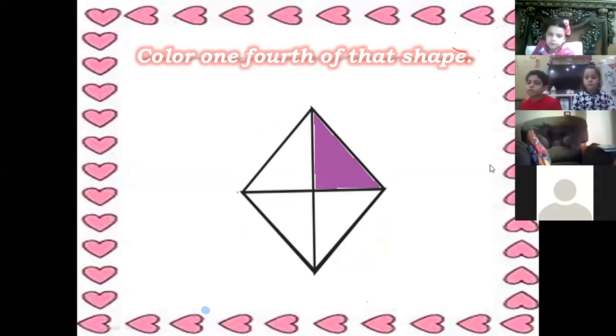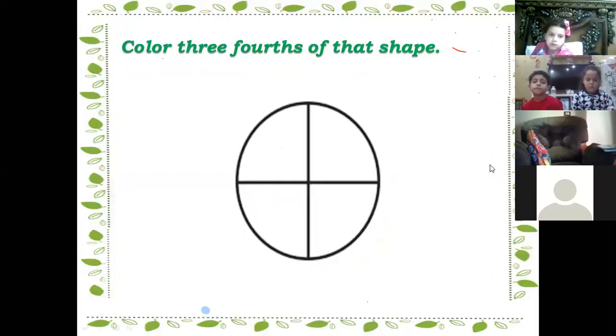And we have Ahmed. Ahmed, color 3/4 of that shape. To color 3/4 of that shape, it means you need to color how many parts, Ahmed? Ahmed, can you hear me? 3. Good job, Ahmed.